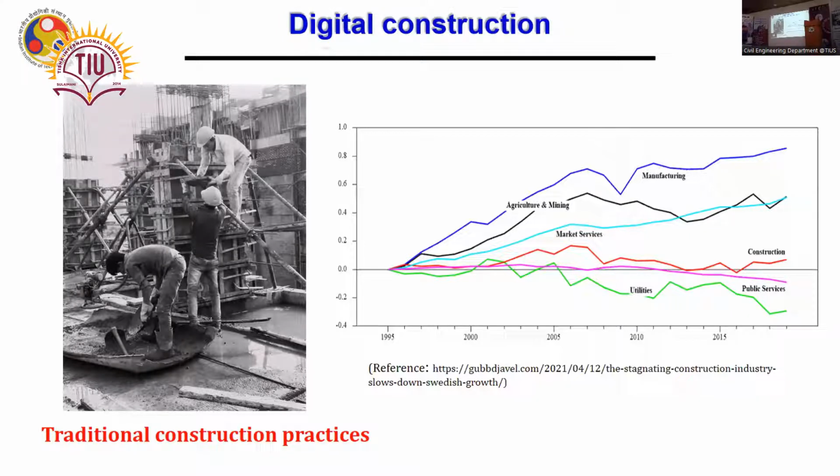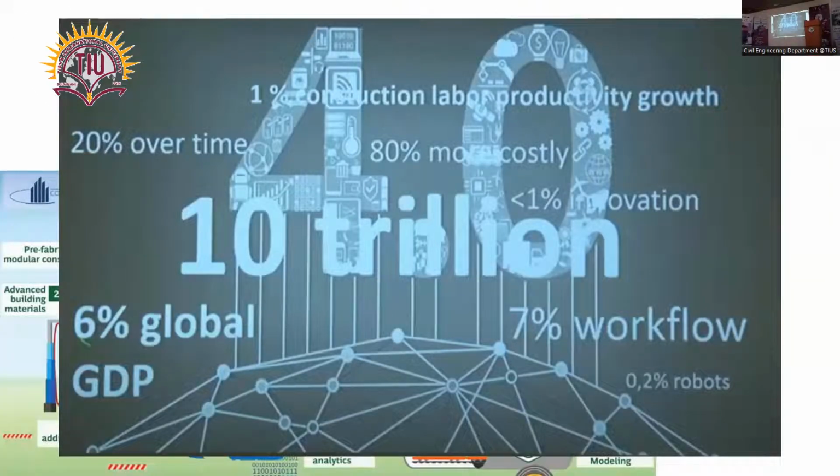For construction, one of the reasons can be considered the lack of automation, which is causing a very stable productivity over the years. Our construction industry is a very huge platform, about a $10 trillion industry. But some projects run 20% over time, and some are 80% more costly. It also contributes 6% of global GDP.